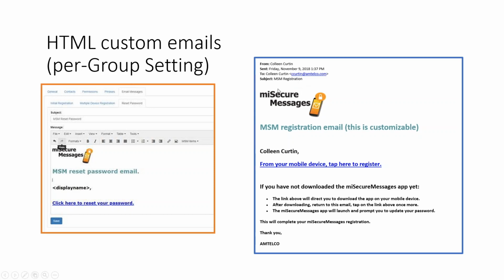It's put in here. You can put your own logo in here, or this is set up on a per group basis, so this could be your client's logo or your organization's logo or the department, etc. It's all customizable.